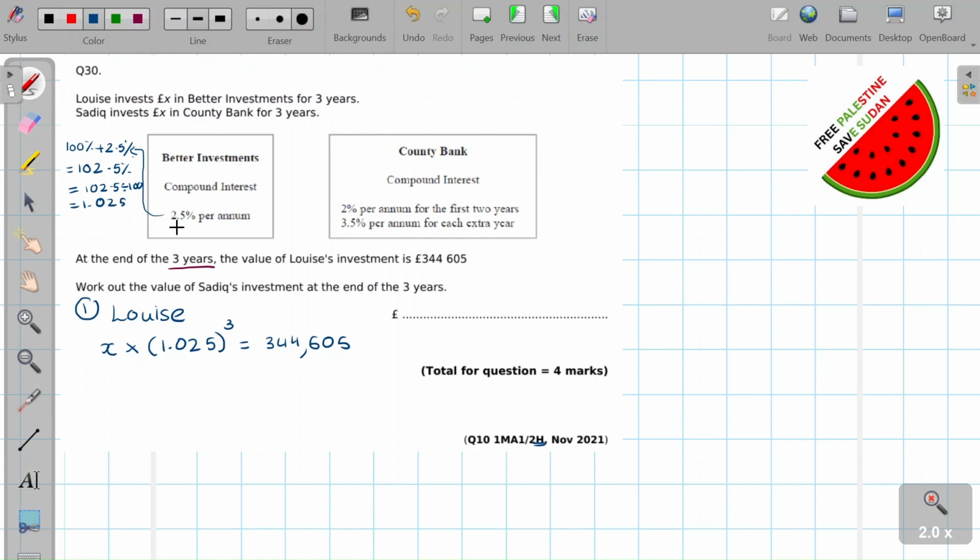I can cube 1.025 if I can find the cube. There we go, I found it on my calculator. It's a very long number. Instead of that I could just do this and divide both sides by 1.025 cubed. Much easier than writing the whole number.